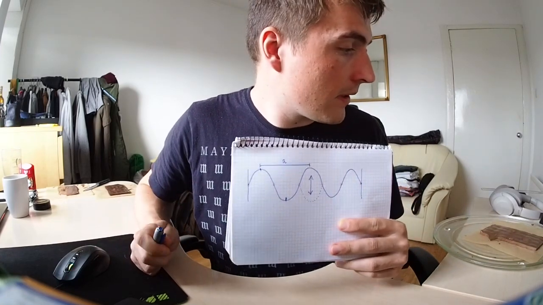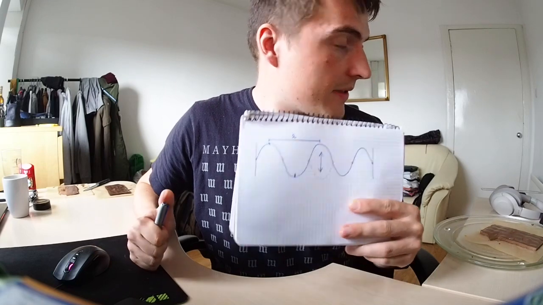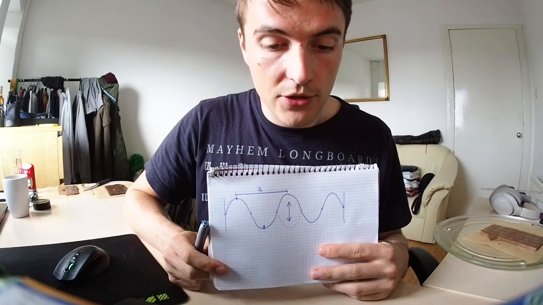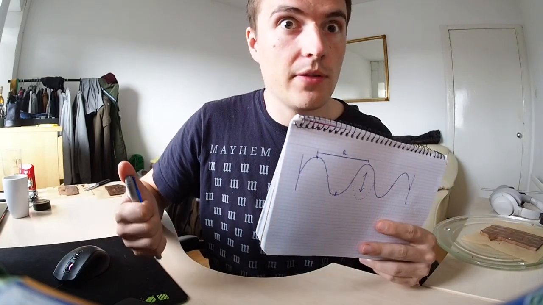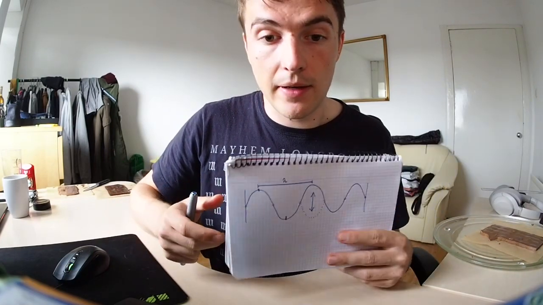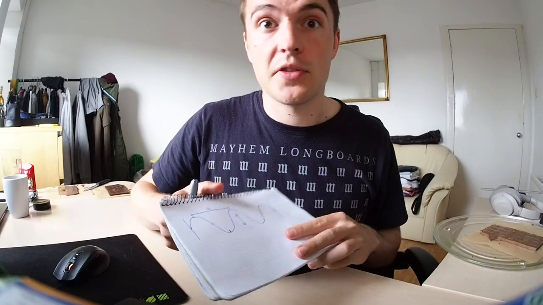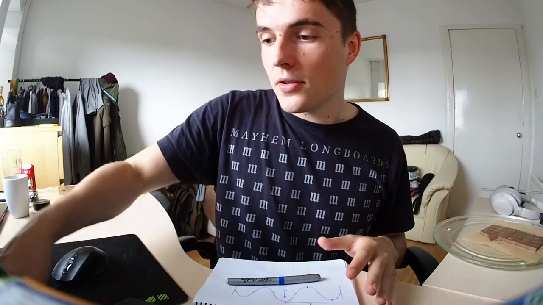My value was about 6 centimeters, which means the wavelength of the waves I measured with the chocolate is 12 centimeters or 0.12 meters. So let's put all of these values together.